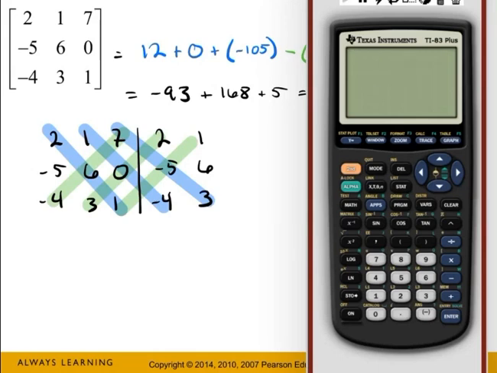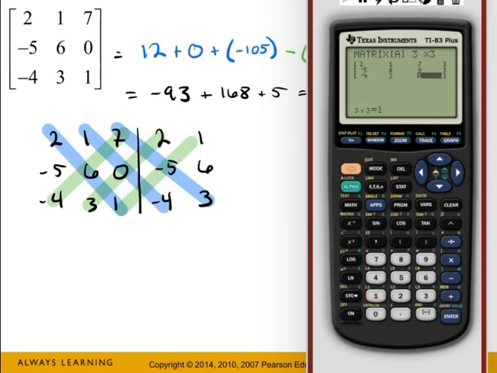Okay. So let's go back to matrix, edit. So we have a 3 by 3. Okay. 2, 1, 7. Negative 5, 6, 0. Negative 4, 3, and 1.